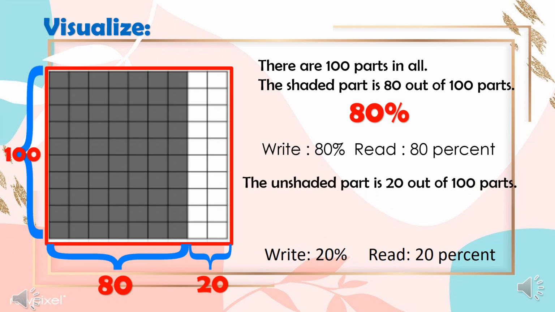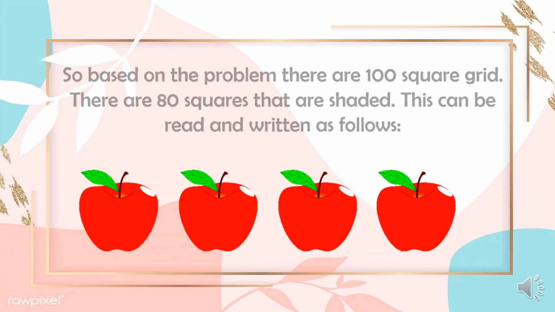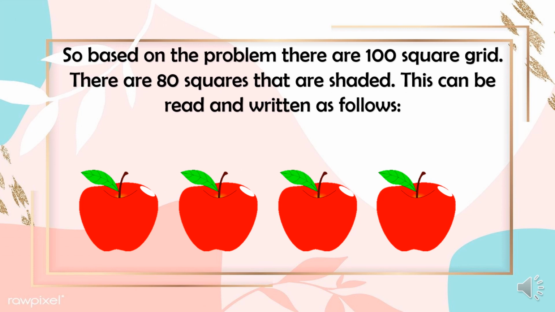And then the unshaded part is 20 out of 100 parts. And that is equivalent to 20%. So we can write 20 and the percent symbol, and then we can read this as 20 percent. So based on the problem, there is a 100-square grid.